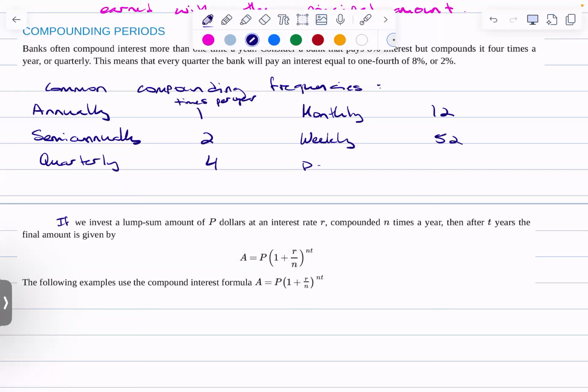It's 52 and daily, 365. Let me just use those standards. So you'll want to have a good handle on those, but I think there aren't really any curveballs here except potentially semi-annually, because it's 2.